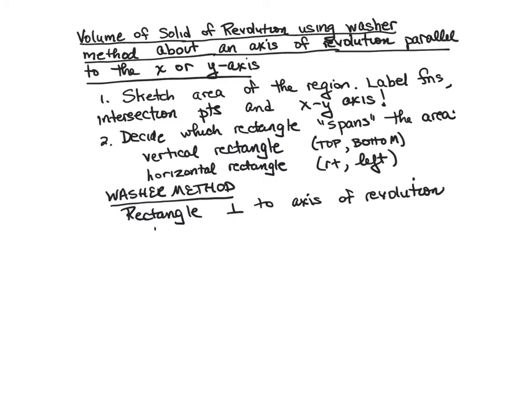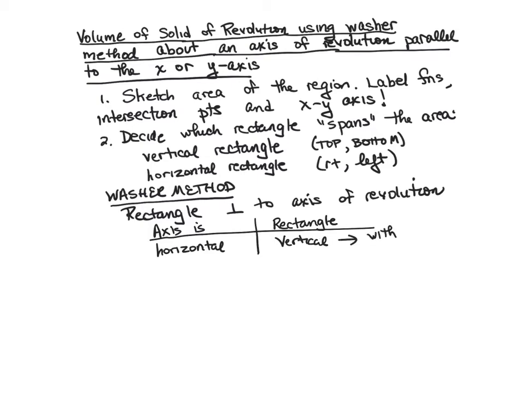So again, if the axis is horizontal, then the rectangle we use is vertical, like we did in all the other problems, and we integrate with respect to x. So everything has to be in terms of x. If the axis of revolution is vertical, the rectangle we have to use is horizontal to get that washer look, and we integrate with respect to y.